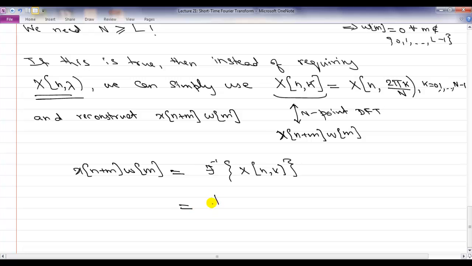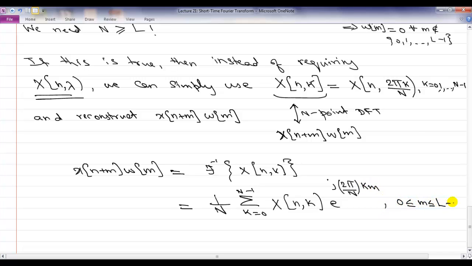which is simply equal to 1 over N summation k equal to 0 to N minus 1 X_n[k] e to the j 2 pi over N km, for 0 less than or equal to m less than or equal to L minus 1.